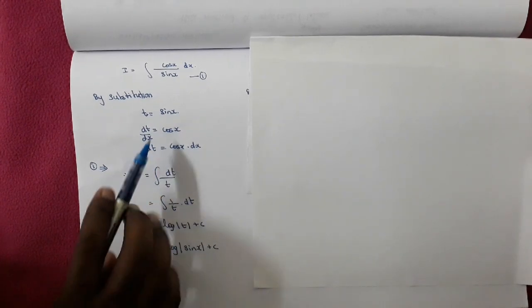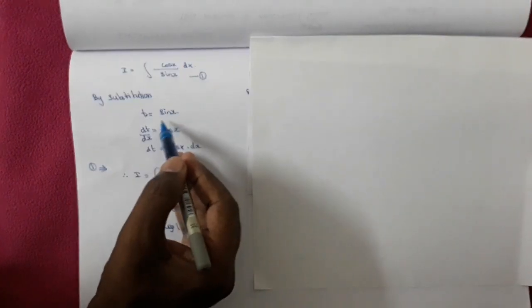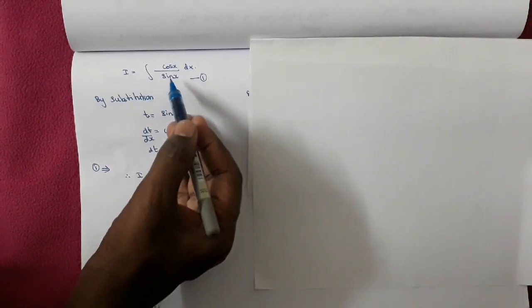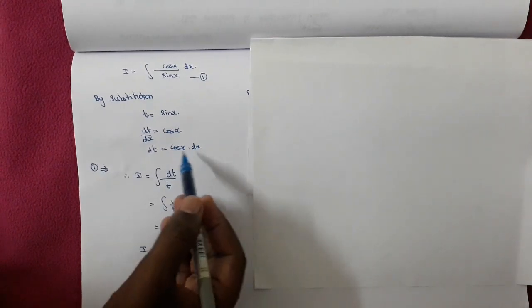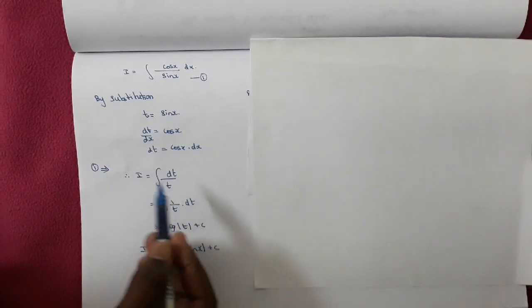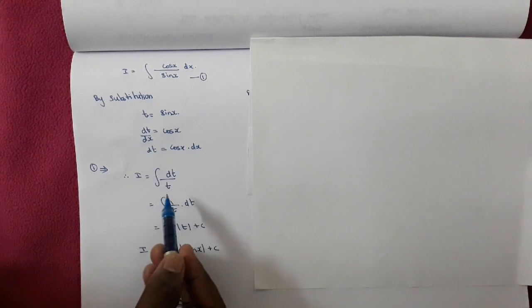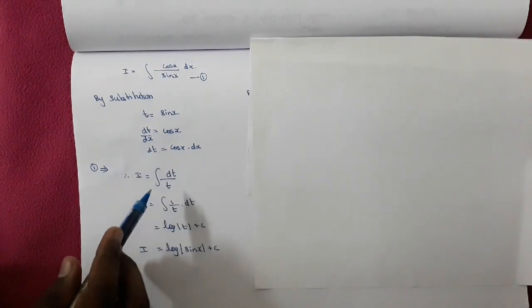Now you can see the integral with this answer. So the sin x will be now replaced as t. Okay. So instead of sin x I am substituting t. Instead of cos x dx I am substituting dt. So in this place I will be applying dt. So the integral will be now transformed into this form. So first it was not directly integrable, but now it can be done.